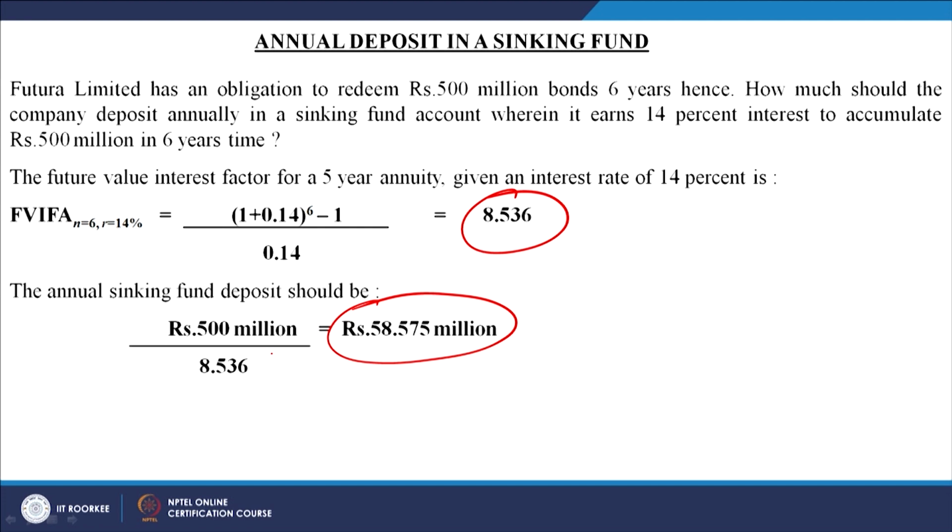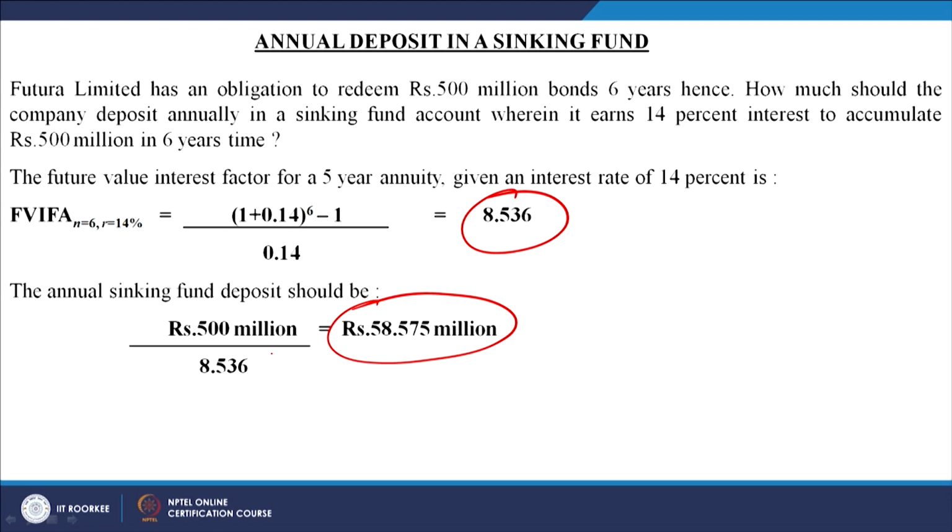Annually this amount has to go to the sinking fund, 58.575 million has to go to a sinking fund, so that at the end of the period of 6 years this amount becomes available, and the rate of interest we have already factored. So we have calculated this factor, future value interest factor we have already calculated. So rate of interest is already taken care of.